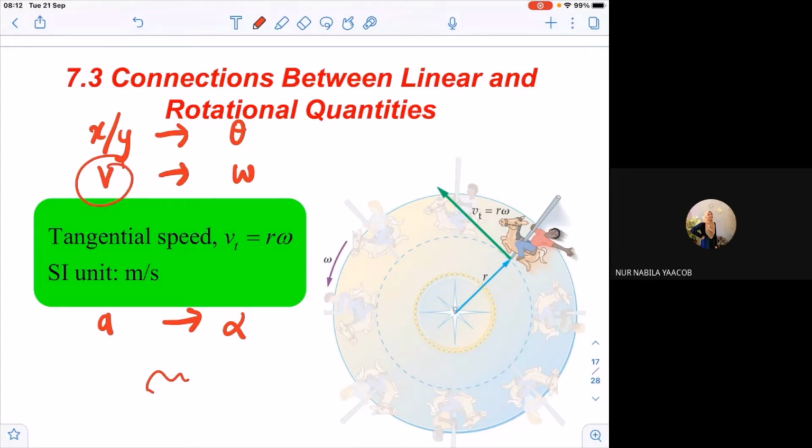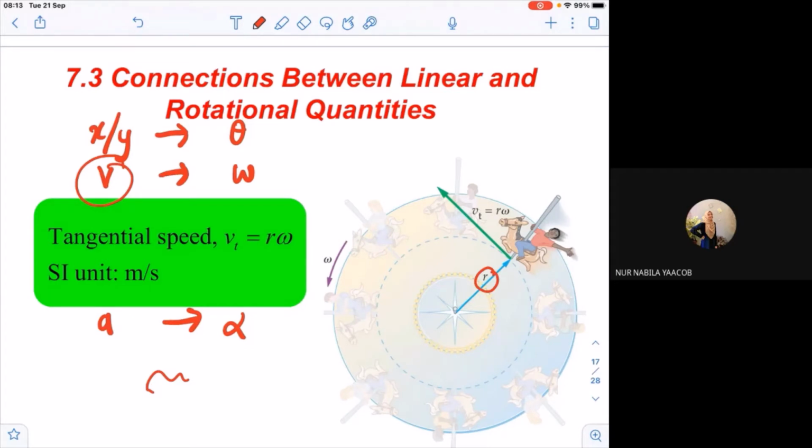Now we will talk about v. It says here the tangential speed. What is tangential speed? If you look carefully at the merry-go-round situation, there are some boys riding a horse at the fun fair. This horse has some radius towards the center, and it is static at one place.